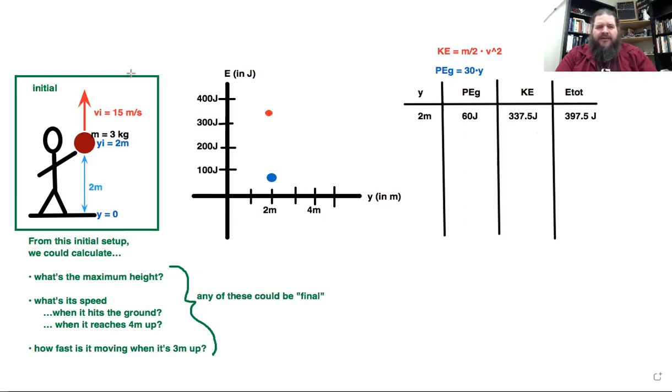And also 397.5 for total energy. So that'll be higher up, almost at 400. So we've got those data points, let me label those: kinetic energy, potential energy, and total energy.